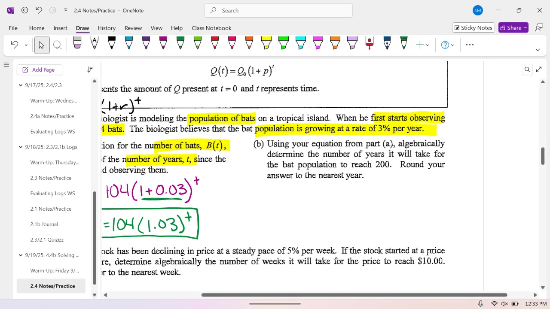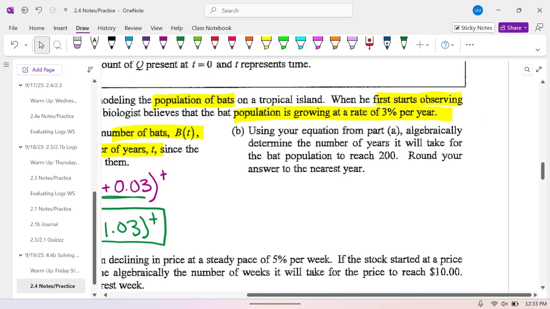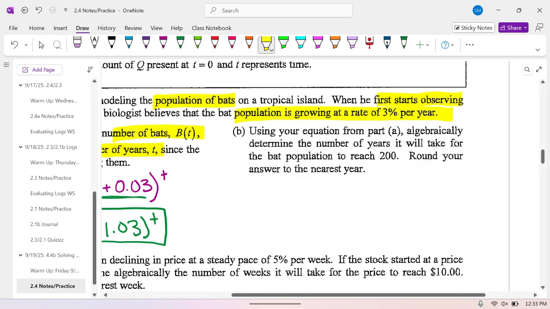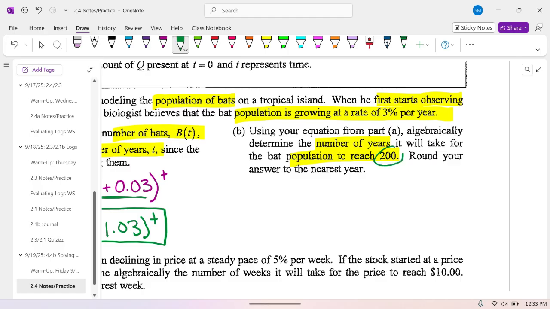All right, so now we're going to use that function to find B. It says using your equation in part A, algebraically determine the number of years it will take for the population to reach 200. Is 200 going to be plugged in for T or B of T? B of T, good.